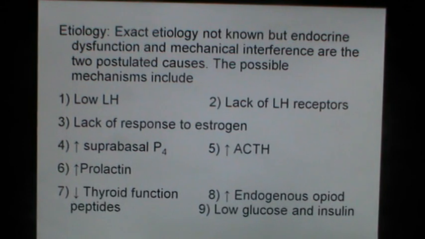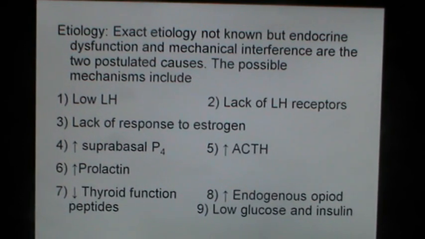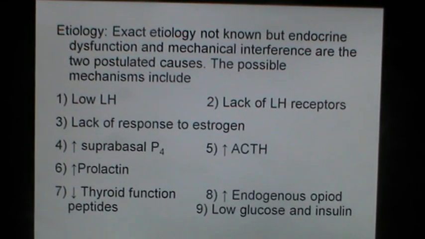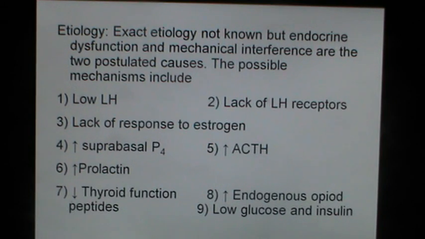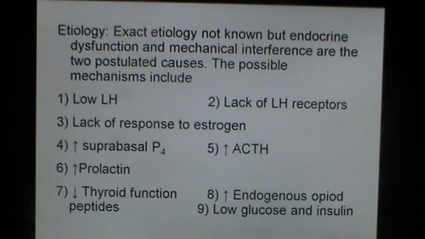The possible mechanisms include a low luteinizing hormone, the lack of luteinizing hormone receptors, the lack of response to estrogen, then the increased suprabasal progesterone. It has been postulated that stress causes increased release of progesterone from the adrenals, and this is what is known as the suprabasal progesterone.